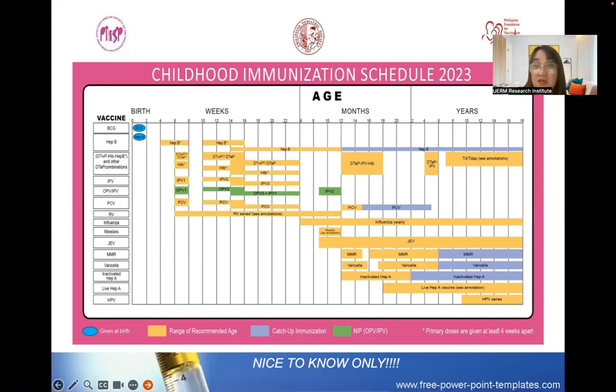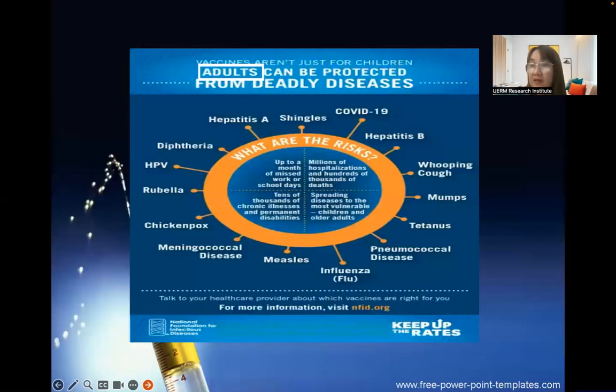This is just nice to know, so you can refer to this immunization schedule. And the next slide shows that vaccines are not just for children, but adults can be protected from the deadly diseases as well.